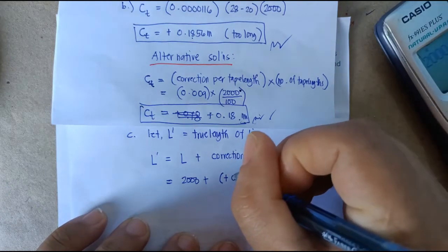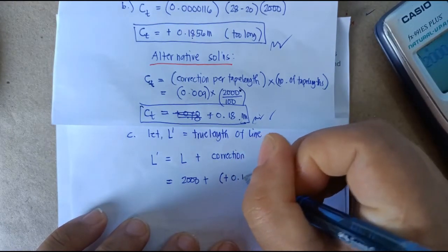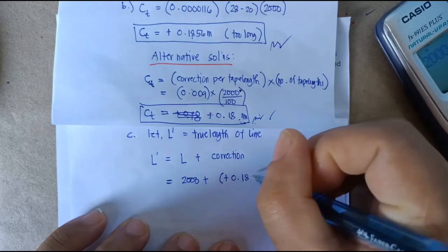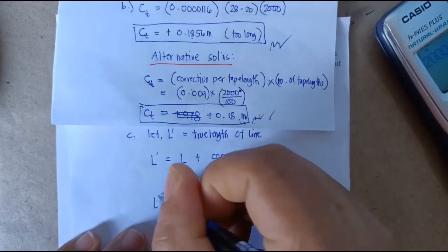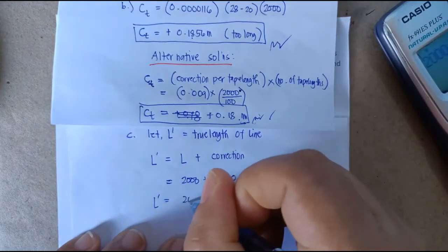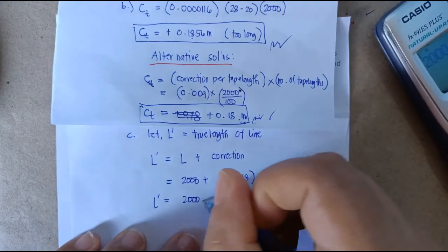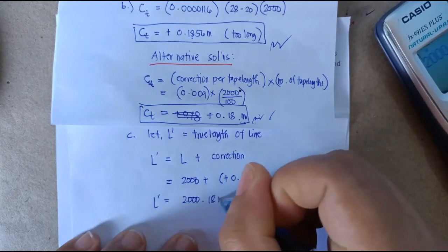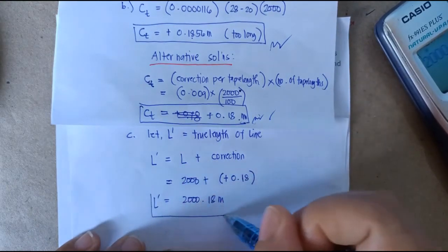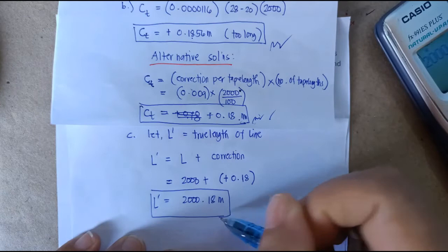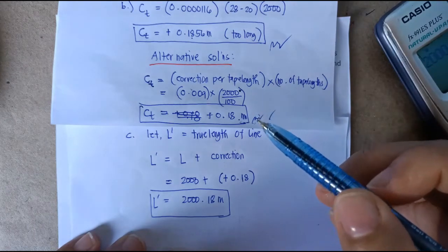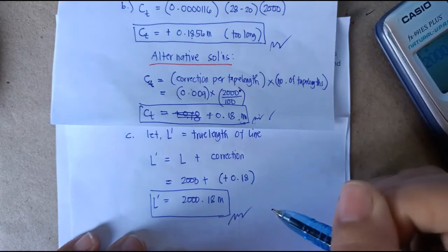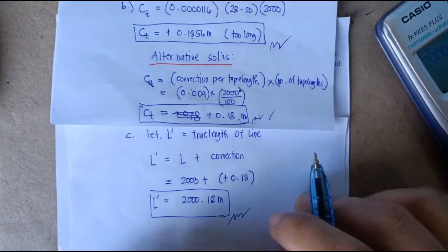So we have 0.18, and therefore L prime is equal to 2000.18 meters. Okay, so this is the corrected length of the measured distance, which is 2000 meters. This is the answer for item C.